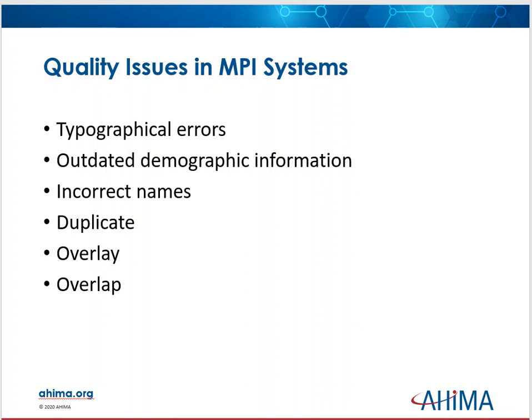And there's what's known as a duplicate, overlay, or overlap. Those are three different ways that there could be an error. And just fixing the quality issues of an MPI system is a full-time job. Depending on the size of the institution, there can be multiple people constantly working this, investigating and cleaning it up.